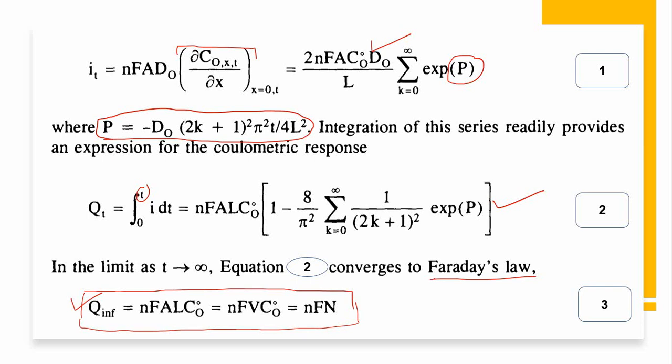In addition to that, it can give us a characteristic time constant for the theoretical response, which will tell us when the electrolysis process can be completed to a certain value.